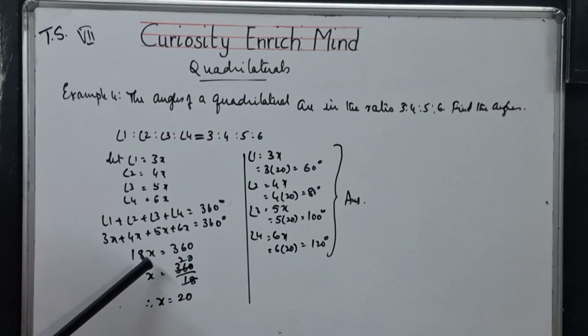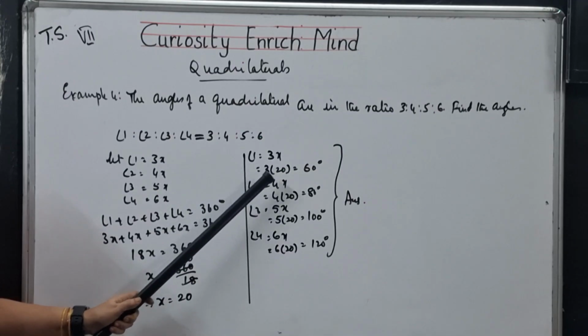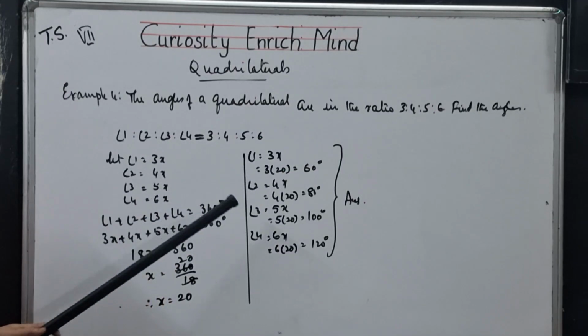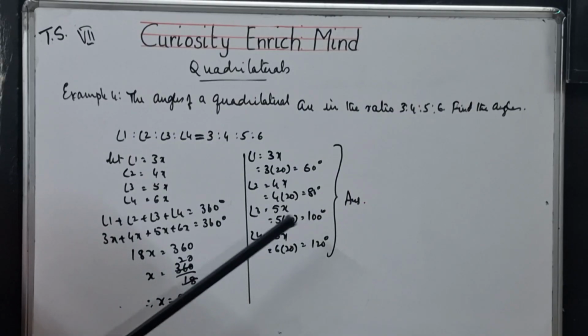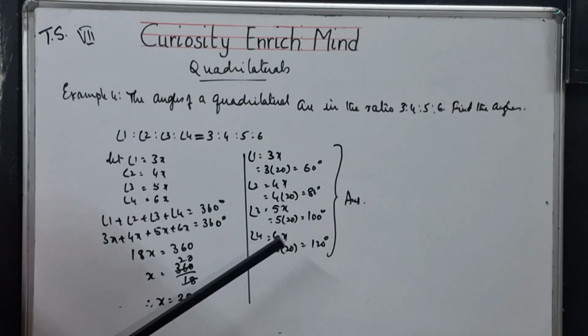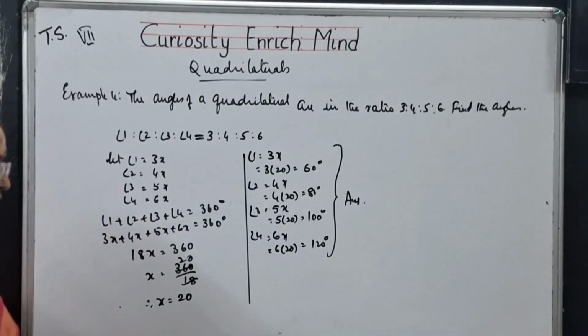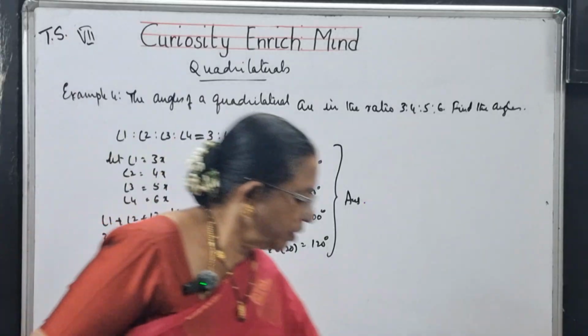If you add, 18x is equal to 360 and x is equal to 20. So angle 1 is 3x, 3 into 20, 60 degrees. Angle 2 is 4x, 4 into 20 is 80 degrees. Angle 3 is 5x, 5 into 20 is 100 degrees. Angle 4 is 6x, 6 into 20 is 120 degrees, children. Please note it.